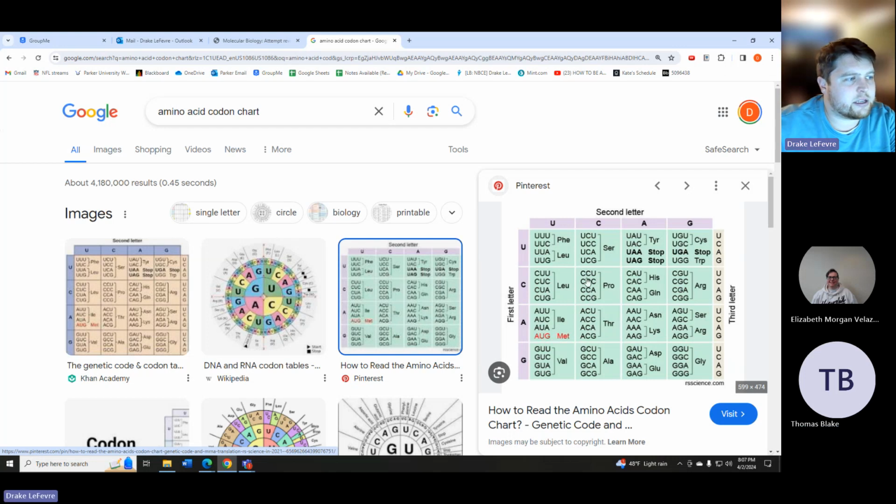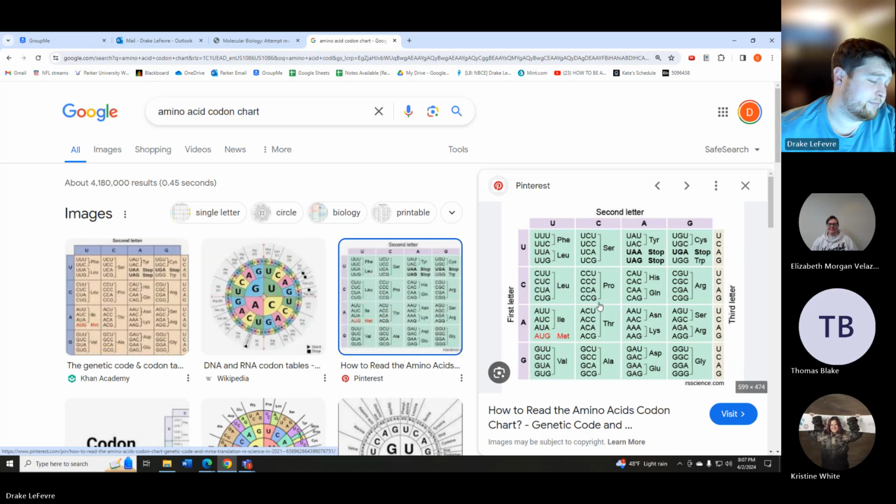like here, CCU, CCC, CCA, CCG. So no matter what, that third base can mutate to any of these, and it's still proline. That's what's super cool about this: even if it mutates, the proteins will still be functional.